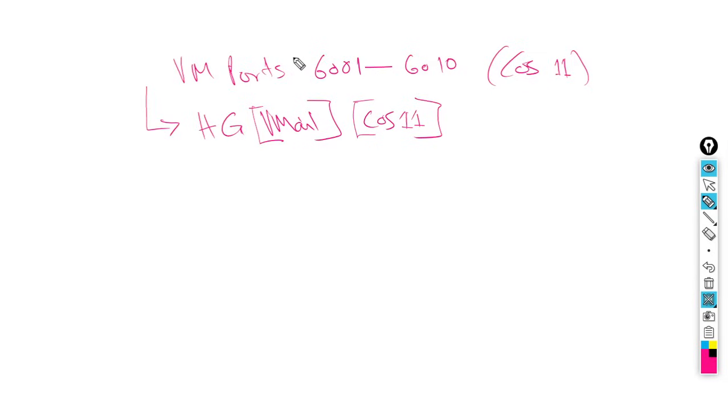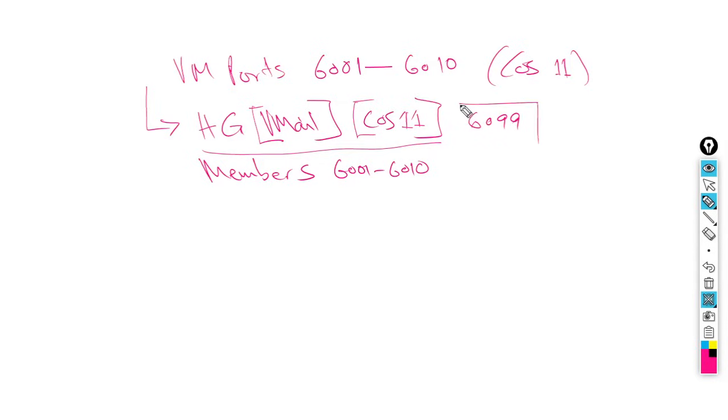We are going to take these voicemail ports into this hunt group as members, 6001 up to 6010. We can call this hunt group 6099. This will be the dialable number for the hunt group.